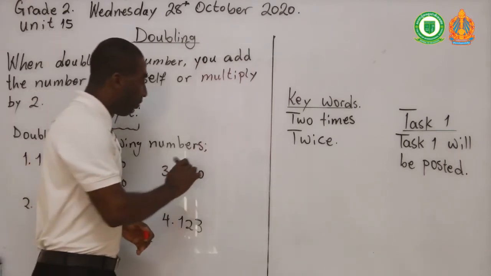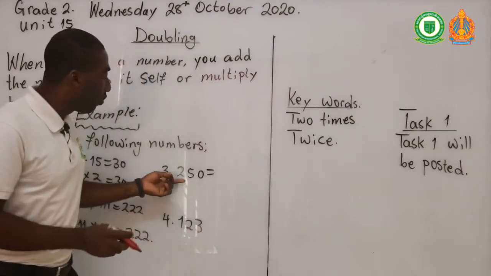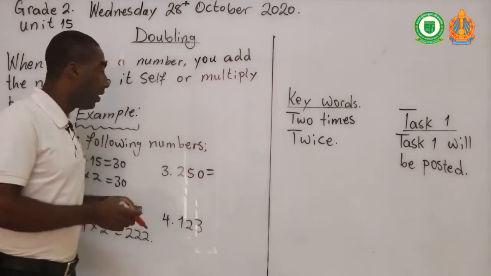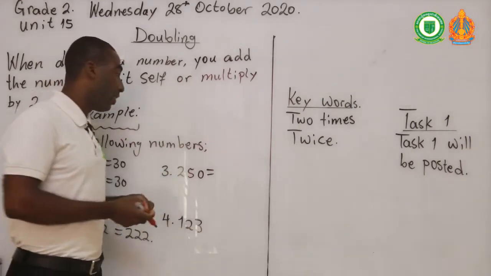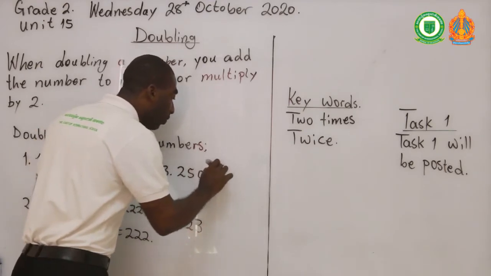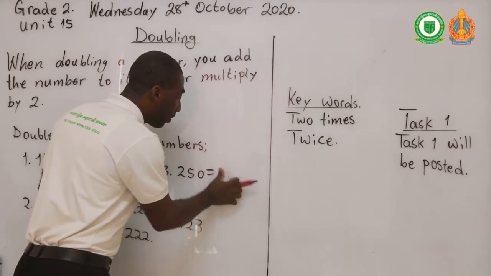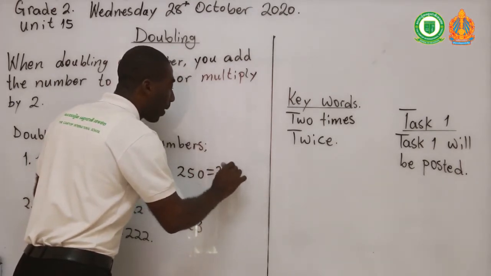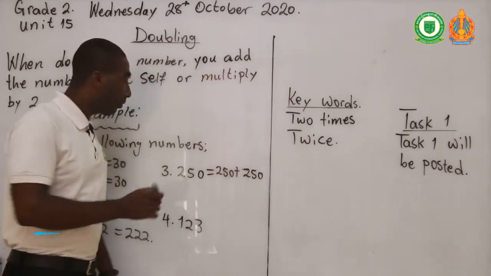Okay, now we have 250. So this is 250. We're going to find the double of 250, okay? So first we can say 250 plus 250.